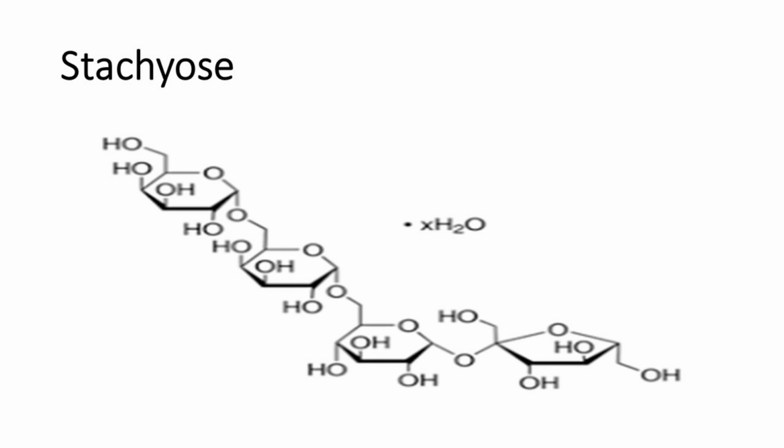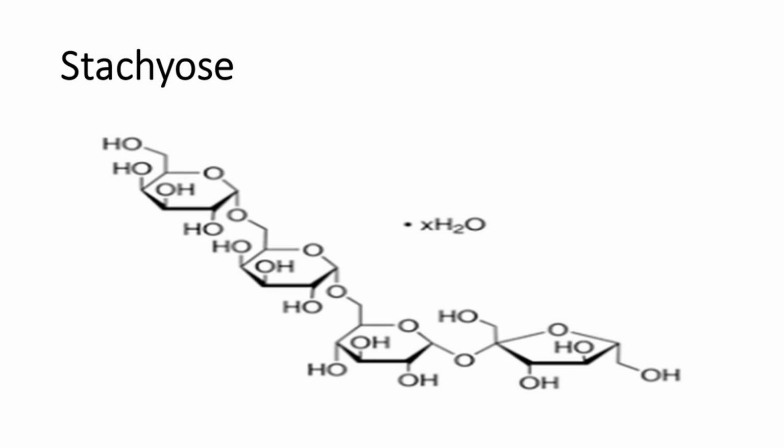Stachyose is a tetrasaccharide consisting of two alpha-D-galactose units, one alpha-D-glucose unit, and one beta-D-fructose unit, sequentially linked as alpha-1,6, alpha-1,6, alpha-1,2 beta. Together with related oligosaccharides such as raffinose, stachyose occurs naturally in numerous vegetables such as green beans, soybeans, and other plants.